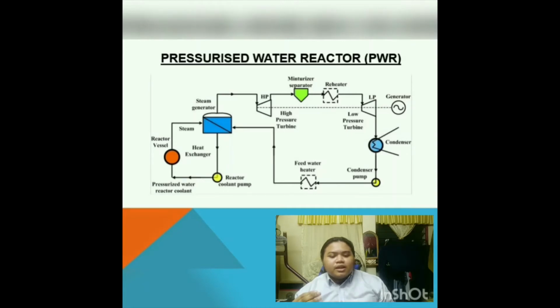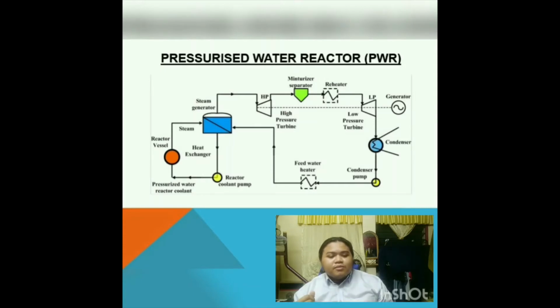Heat energy is transported to the secondary water system, which produces steam, and the steam is then used to power a turbine generator which generates electricity.